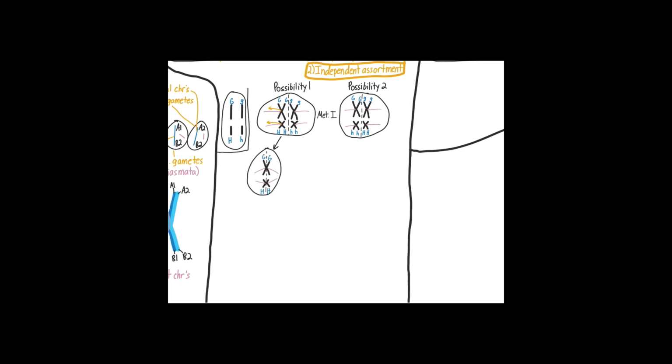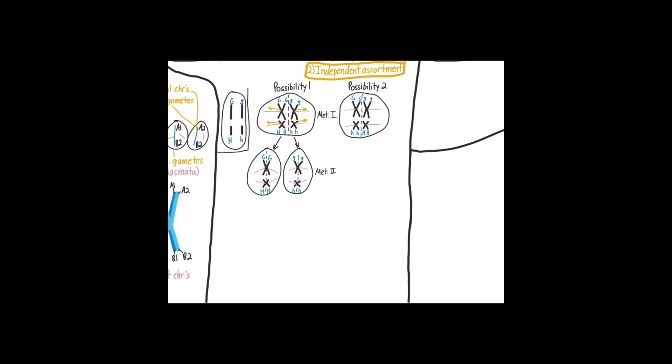So one daughter cell, when it gets to metaphase 2, is big G, big G, big H, big H. These chromosomes are going right during anaphase. So the other daughter cell, once it gets to metaphase 2, is little g, little g, little h, little h.